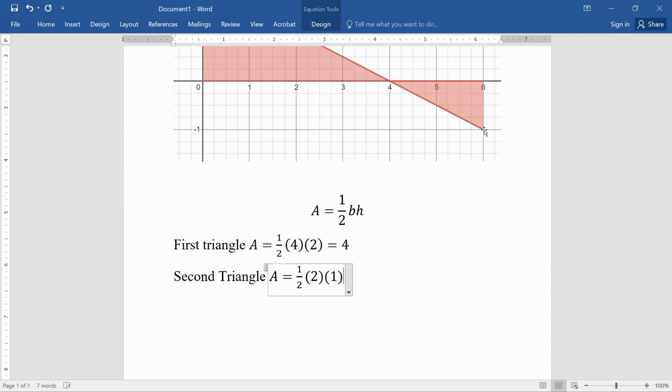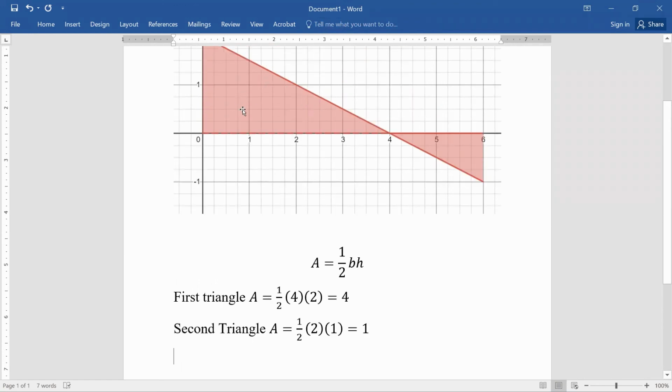You can see how the signed area comes into play in getting a negative, but I digress. So the second triangle has area of 1. Once again, the first triangle is above the x-axis. The second triangle is below the x-axis.